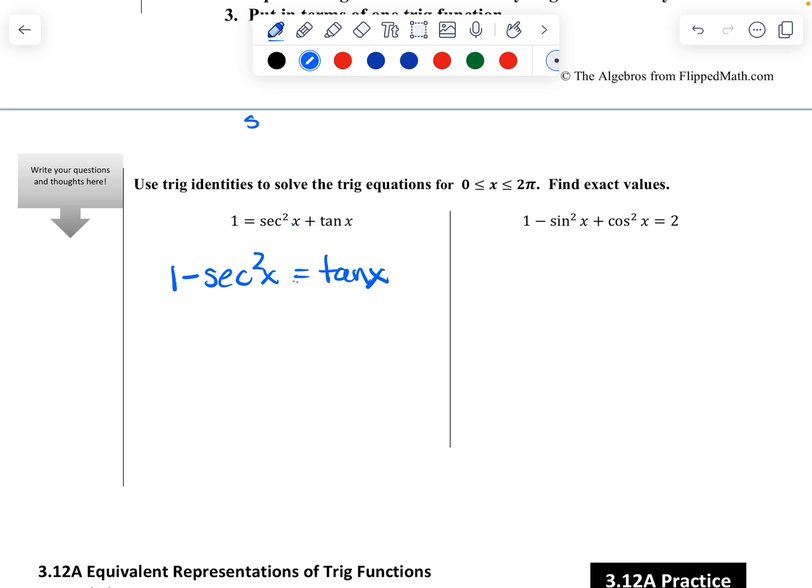So is that an identity? Let's see. I know sine squared plus cosine squared equals 1, and I want secant, so that's 1 over the cosine. So if I divide by cosine squared, sine over cosine, so tan squared of x plus 1 equals the secant squared of x.